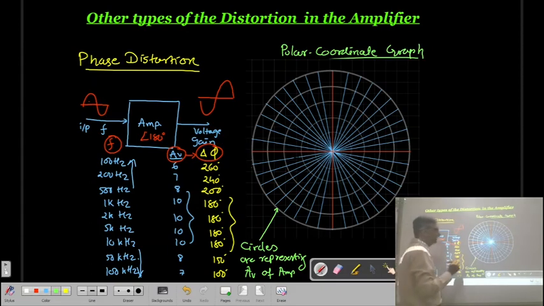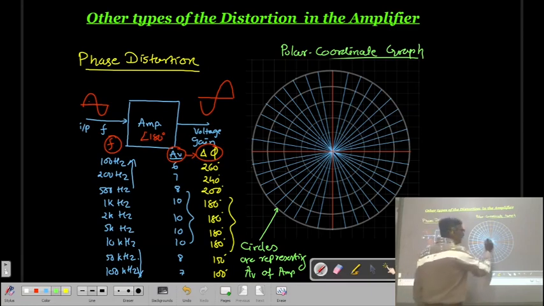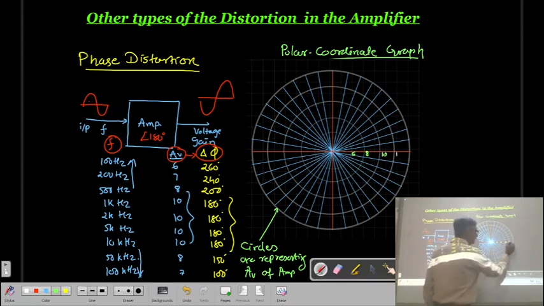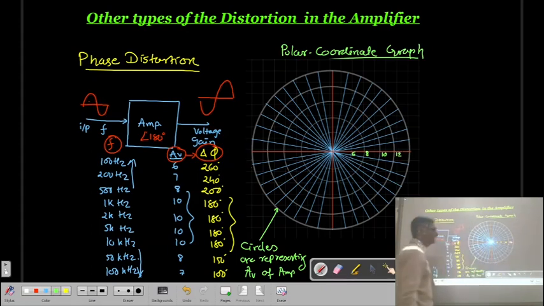Let us say the inner circle represents a gain of 6. Then this circle is a gain of 8, the next one is a gain of 10, and here we have a gain of 12. So each circle represents a gain of the amplifier: 6, 8, 10, 12. You can take that according to your scale.